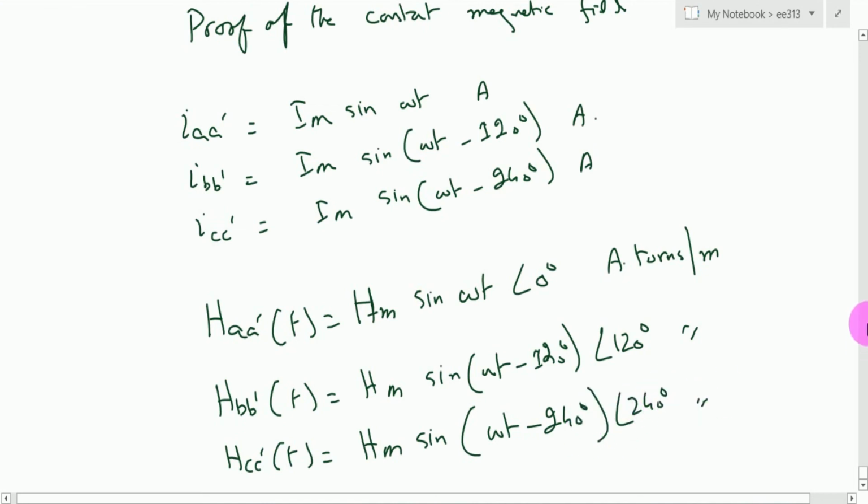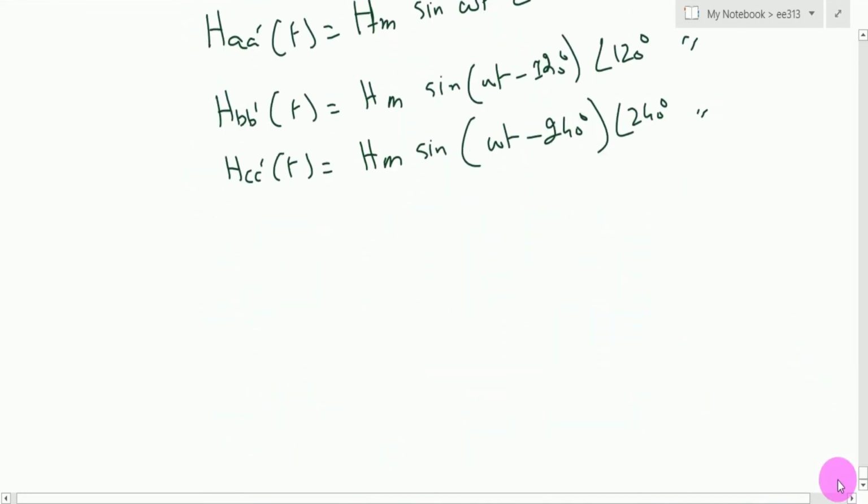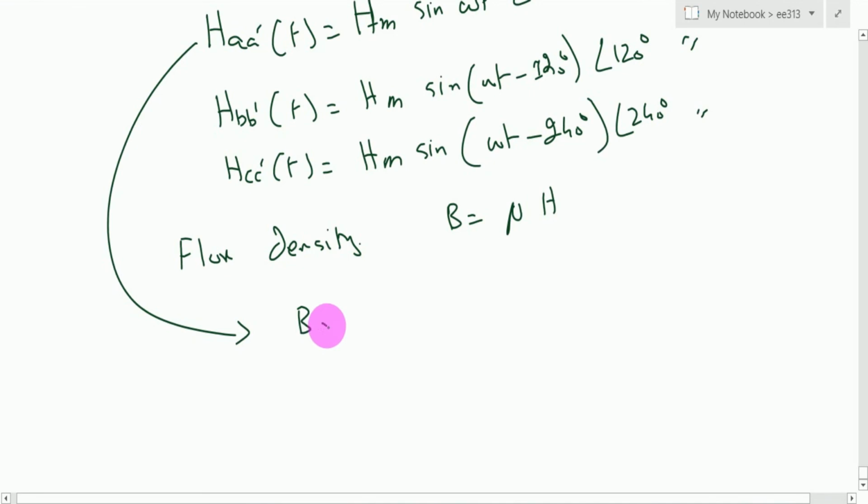ampere turns per meter. Now since we do know that H represents the magnetic field intensity, the flux density is given as B is equal to mu into H, where mu is the permeability of the free space. It is essentially a constant. So from this, BAA dash becomes equal to Bm sine omega t at an angle of 0, and the unit now is in Tesla.